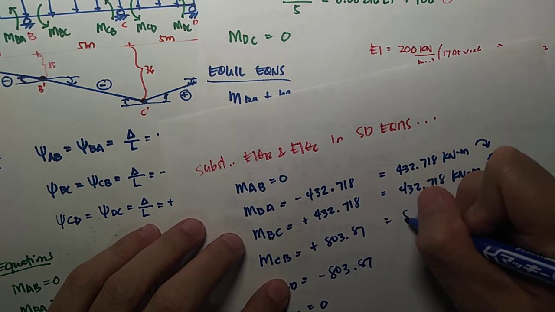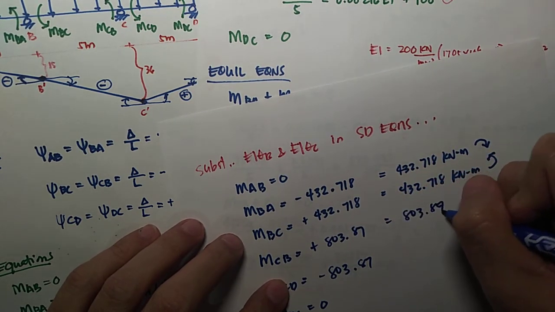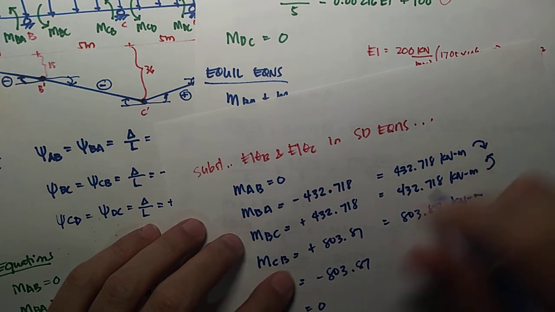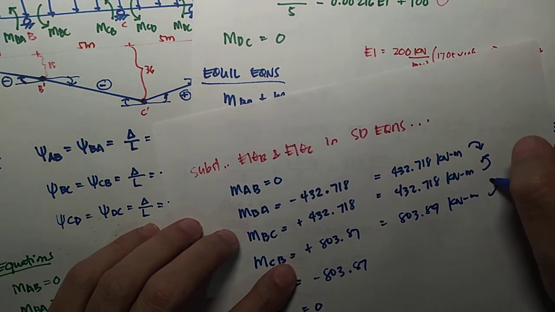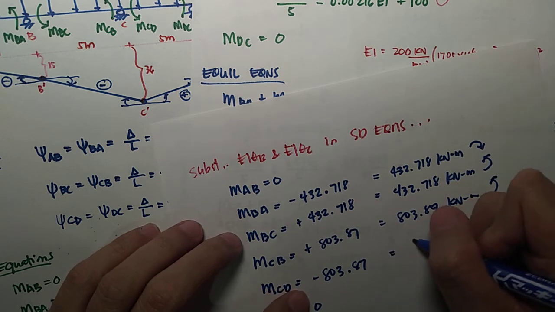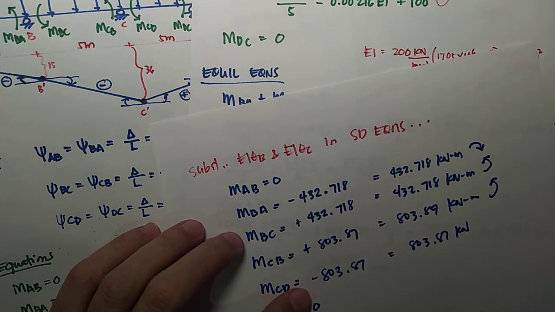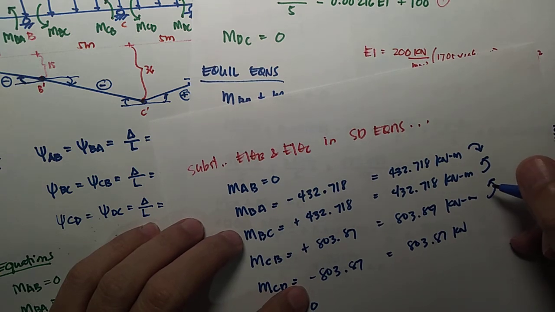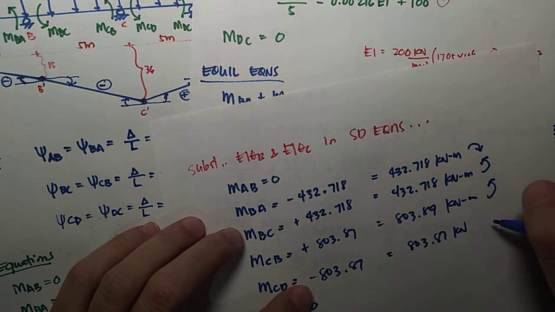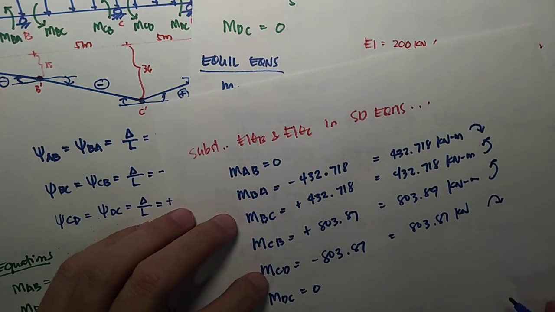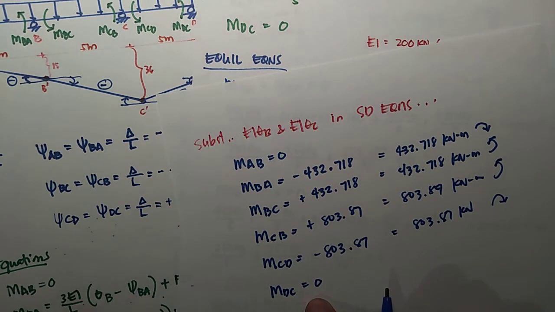So that is 803.87 kilonewton meter. Positive, that is counterclockwise. This one naman is 803.87 kilonewton meter. Negative, that means mali yung counterclockwise, so it would be clockwise. And finally, that would be the 0 moment.